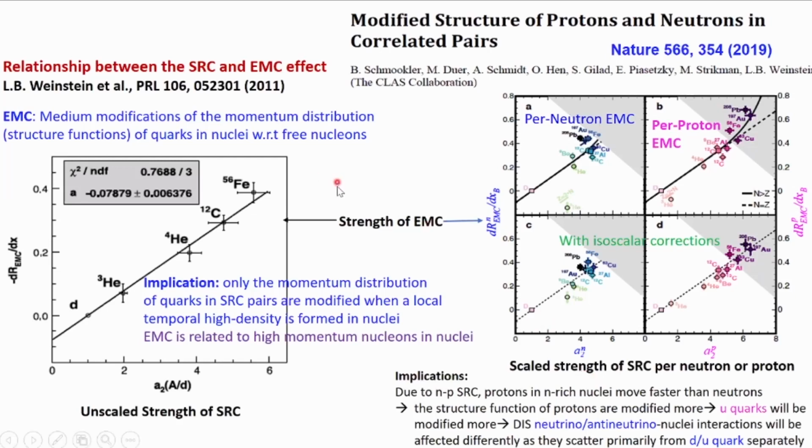Now, one very interesting connection is between short-range correlation and the so-called EMC effect. The EMC effect reflects how the momentum distribution of quarks in nucleons, when nucleons are in the medium, will be modified compared to the quark distribution in a free nucleon.